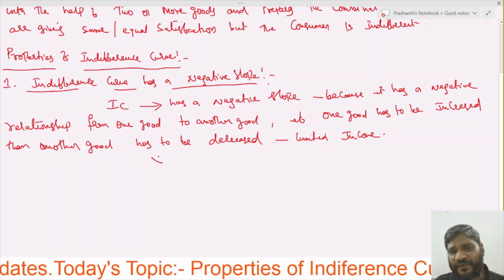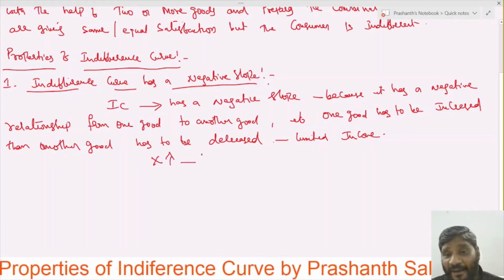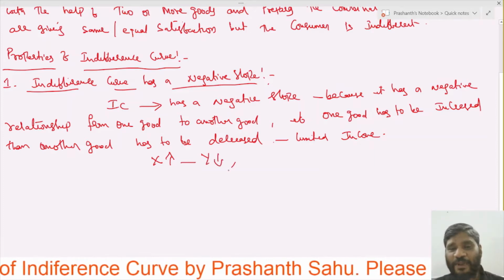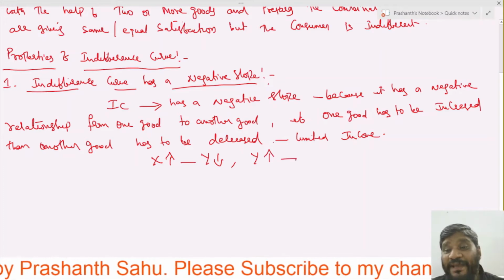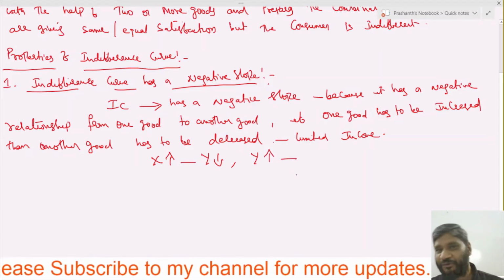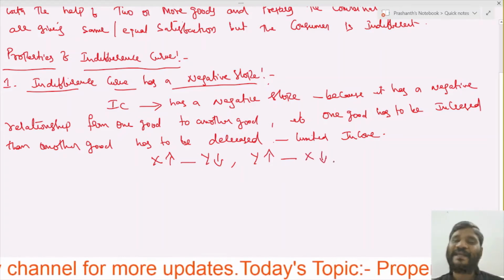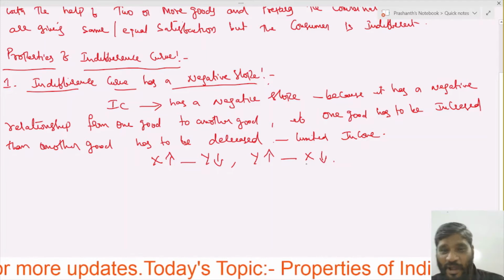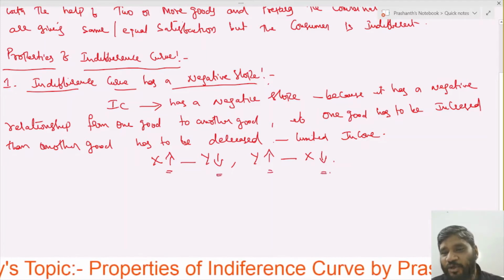For example, if X good has to be increased, then Y good has to be decreased. In the same way, if Y good has to be increased, then X good has to be decreased. Is it clear? And if you see the arrow marks, all the arrow marks are opposite to each other.